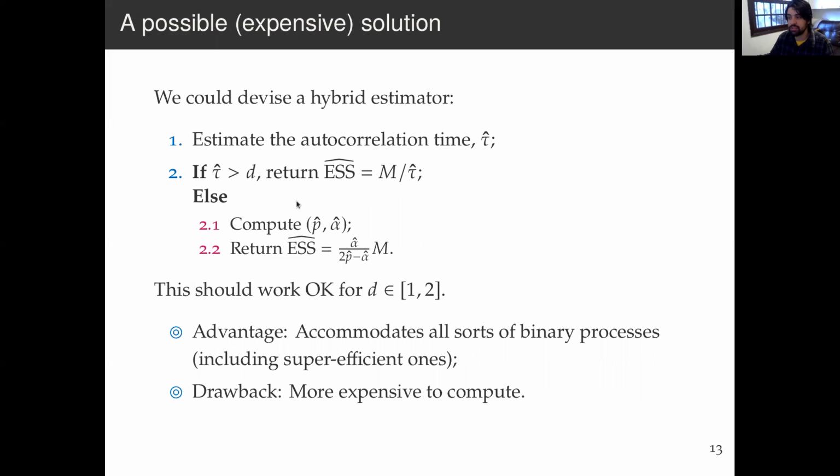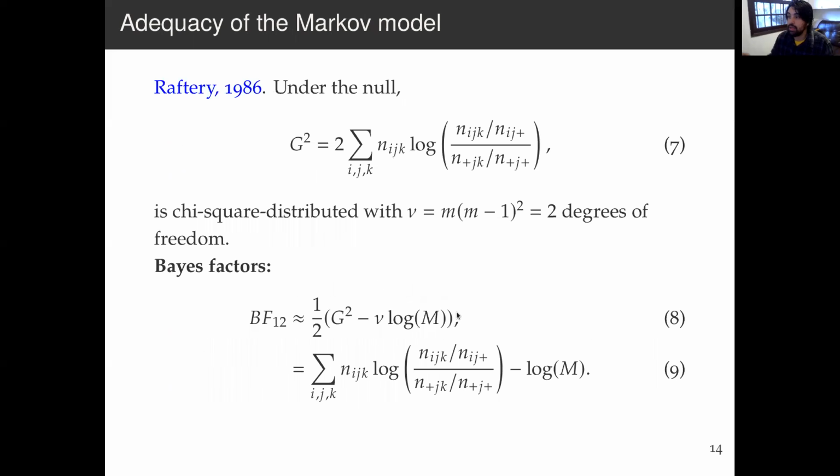But if it isn't, if it's closer to 1, then we compute P and alpha and we return the Markov chain based ESS. And I have some evidence that this actually works well, because it accommodates super efficient binary processes that are sampling faster than independent sampling. But it's also more expensive, right? So, swings and roundabouts, I suppose.